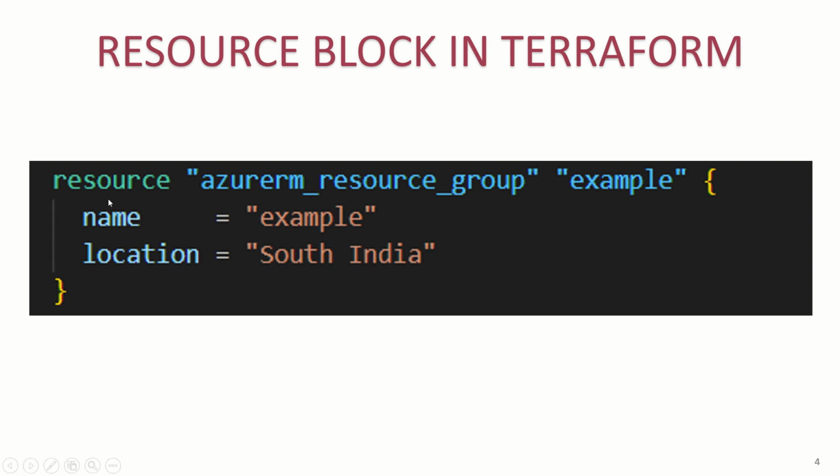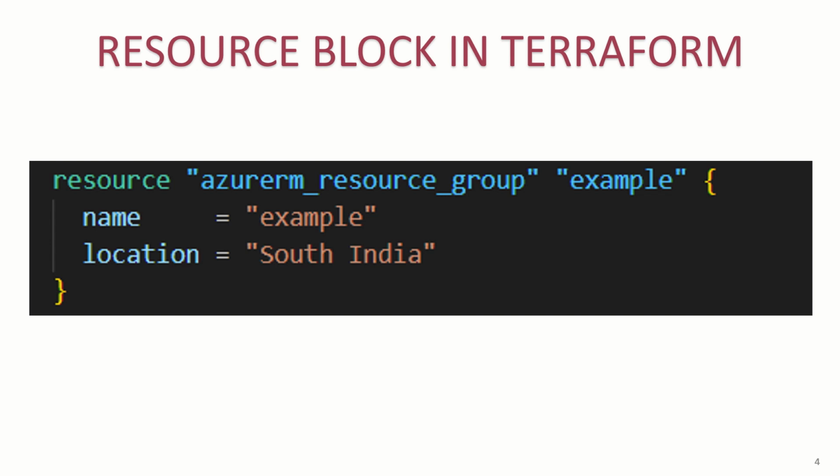Here, resource is the keyword that we need to use to create any resource on cloud, and this is the type of the resource that we need to provide in the first double quotes so that this particular resource gets created over the cloud, and this example is the local name of this particular resource block. And once this resource block creates the resource over cloud, what will be the name of that resource, and what will be the location of that resource that we need to create on cloud. So in this way we declare a resource block, and we are aware of it.